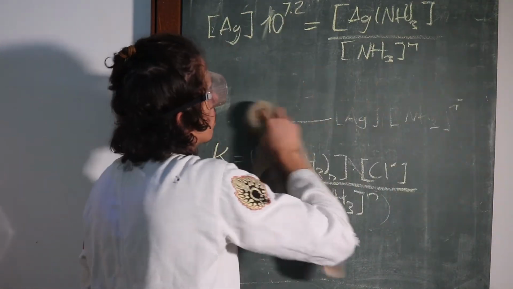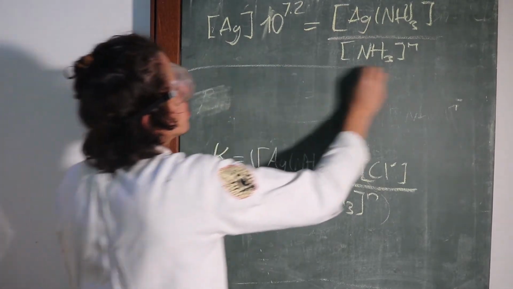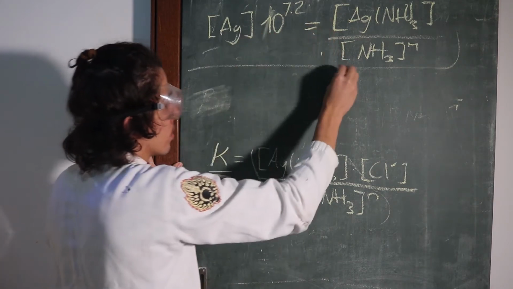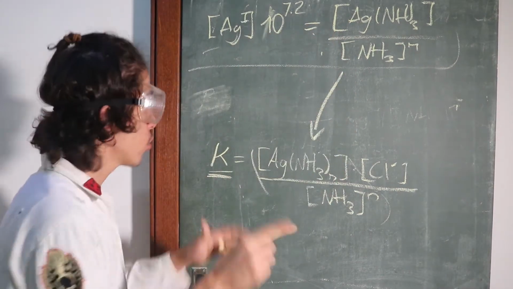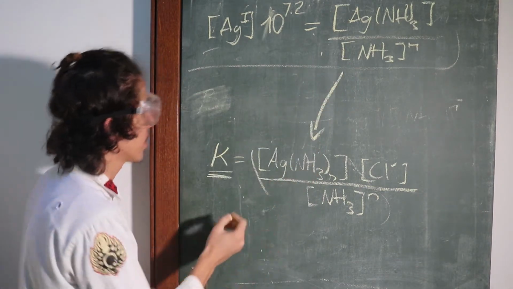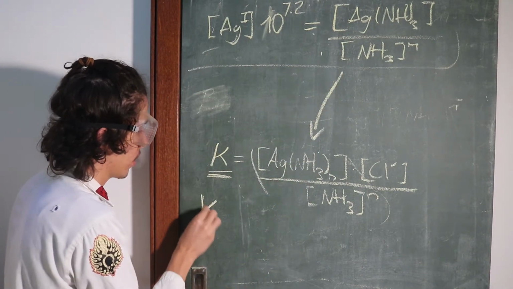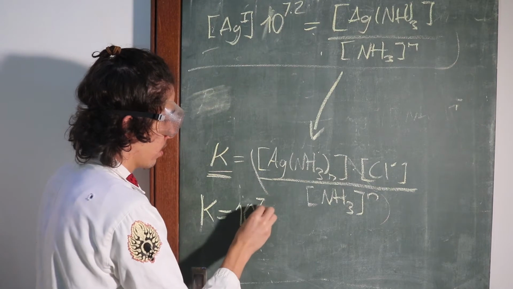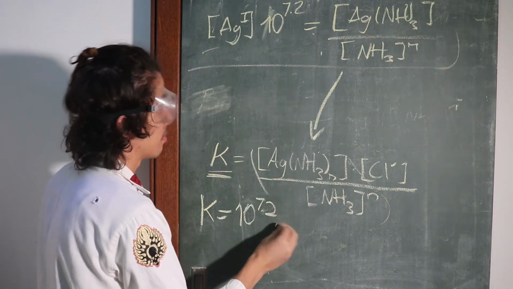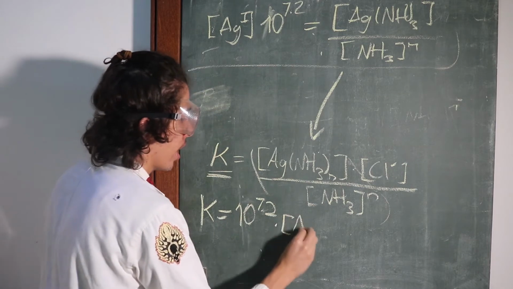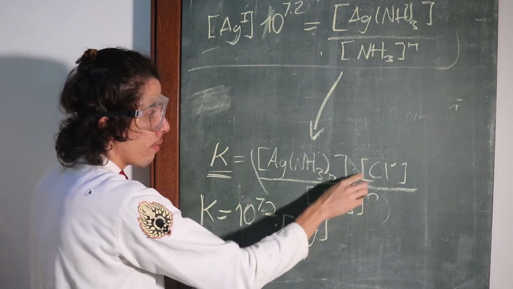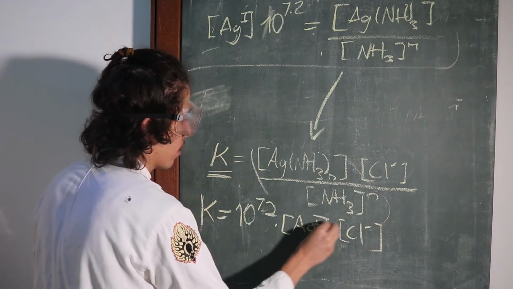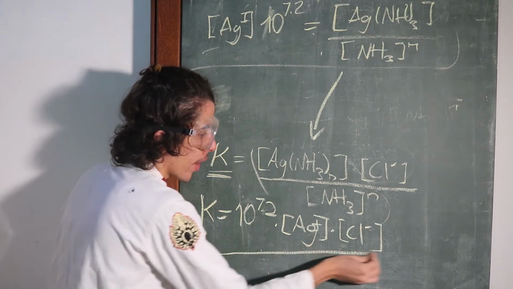We have our information here, so let's plug it in. In the end, our constant is going to be equal to 10 to the power of 7.2 times the concentration of silver times the chloride that was missing. So that is our equation.